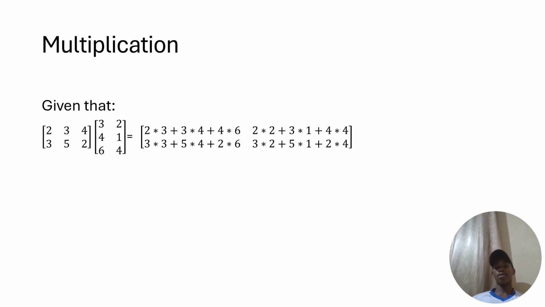Then also 3 times 2 plus 5 times 1 plus 2 times 4. So that is addition in matrix. And I think you can now get the answer. When you multiply and add the values correctly, I am sure you're going to get such an answer. And when you get that, we regard you to be on the right track.